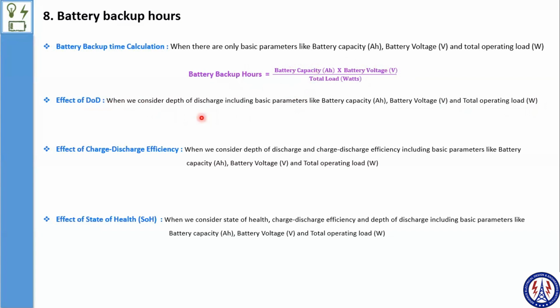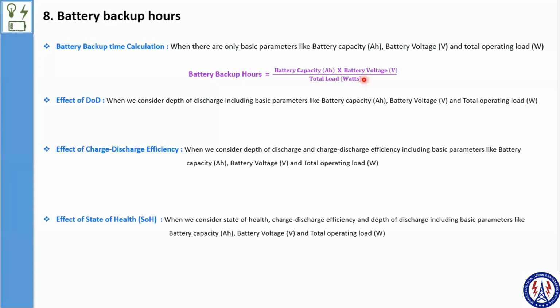When we consider depth of discharge, we will divide over the depth of discharge, because I believe it will take more time. Can you spell out the formula? Battery capacity into voltage divided by load, divided by the depth of discharge percent, yes.